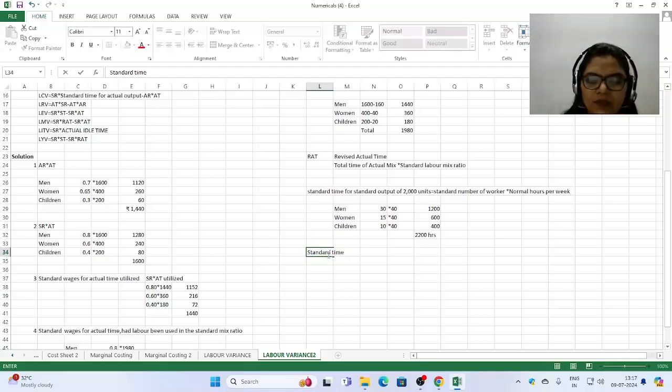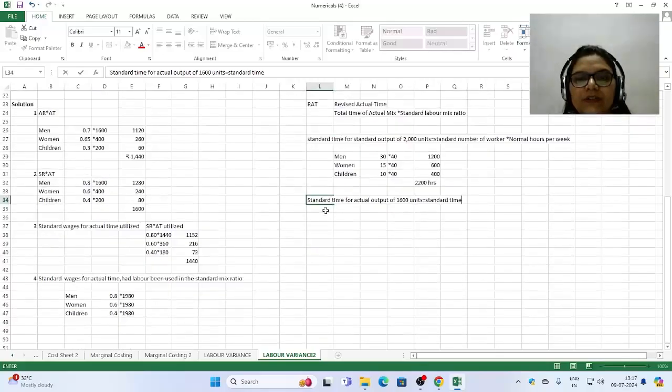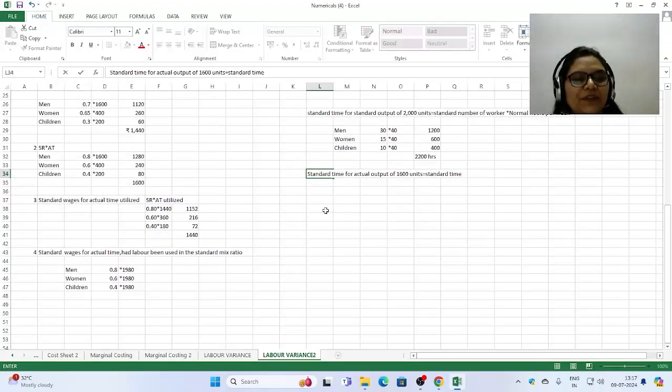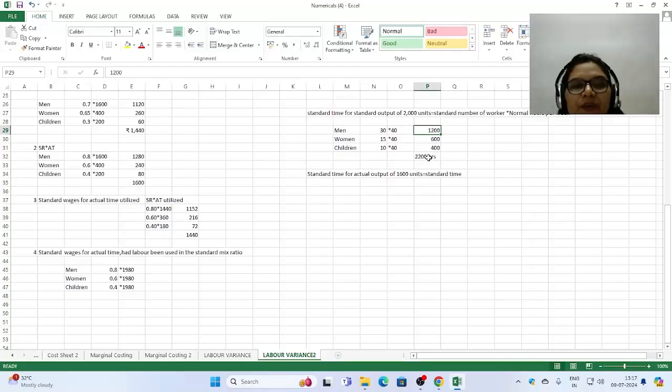Standard time for actual output of 1600 units is equal to standard time. I think we have got distracted somewhere. No problem. Actually, we were calculating standard mix ratio. We know 1200 and 2200 hours, so we will take the ratio of both these figures.